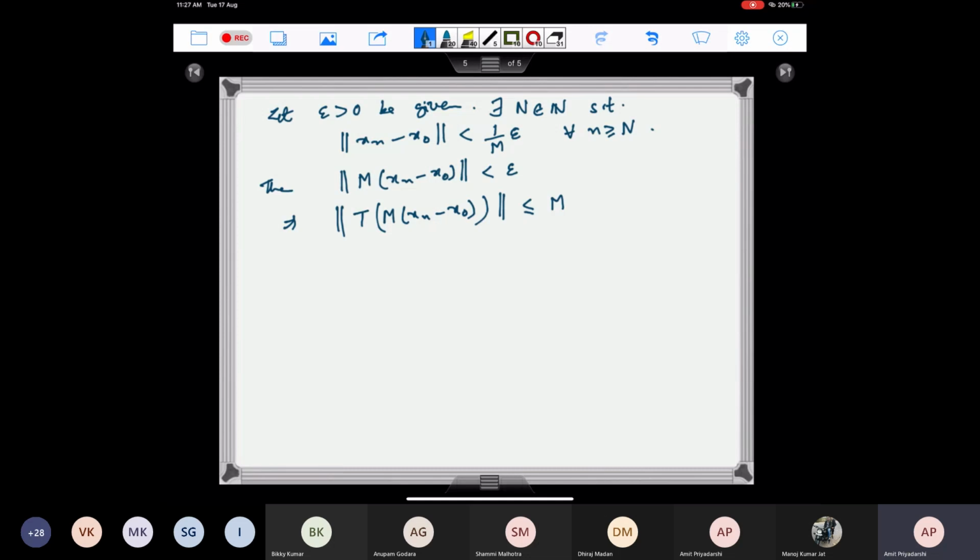So let me remove this. For the epsilon given, there exists N such that norm of xn minus x naught is less than this epsilon by m.